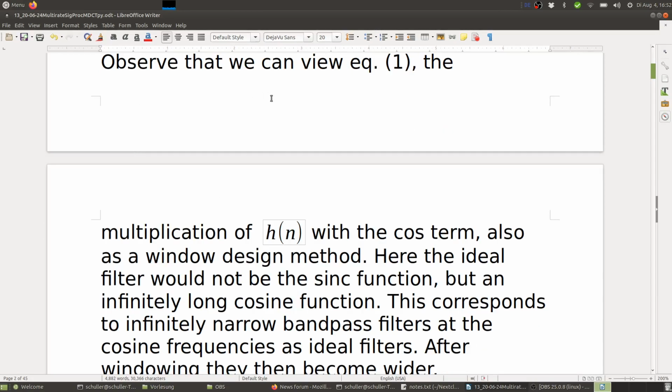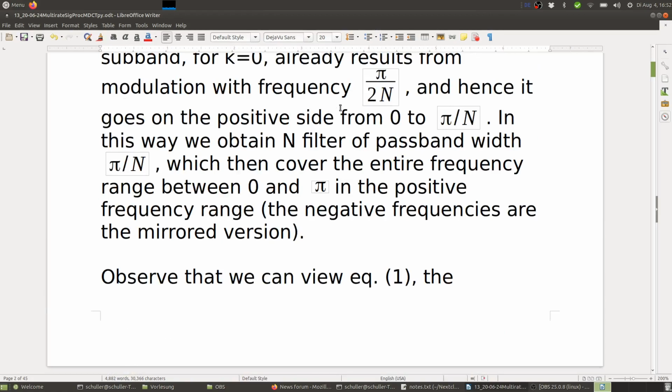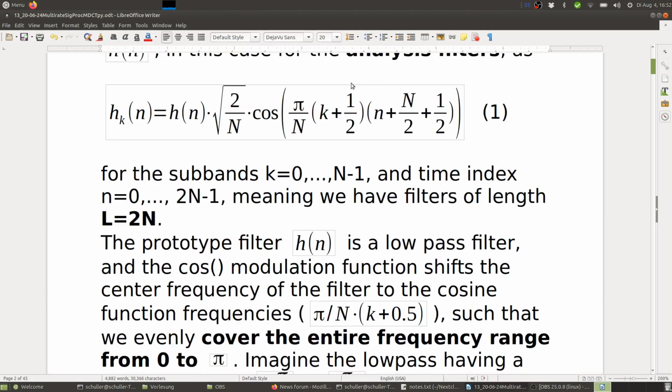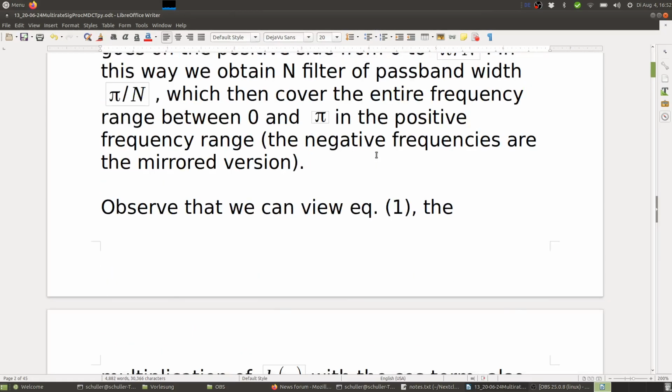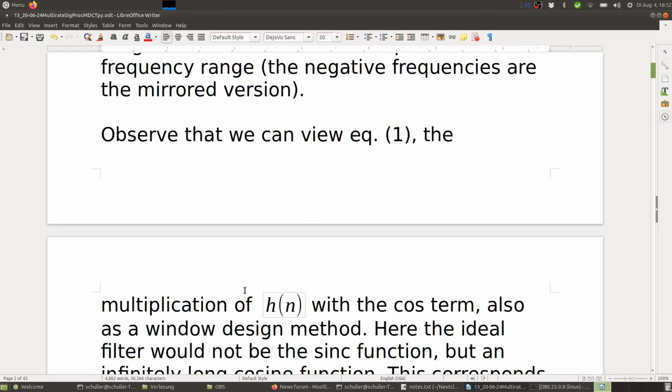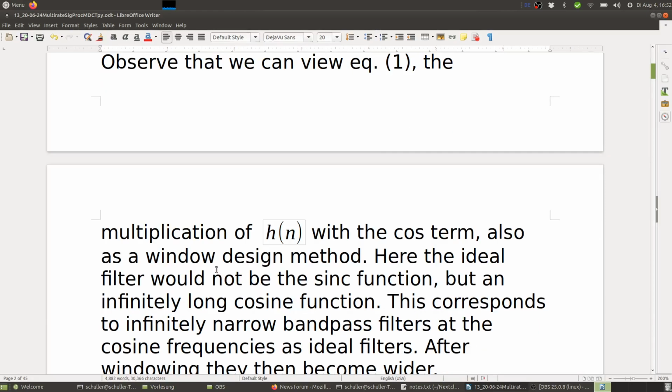Yeah, so observe that we can view equation 1, which was the definition of the MDCT impulse responses, the multiplication of h of n with the cosine term, also as a window design method, right, which we dealt with before. Here the ideal filter would not be the sinc function, but an infinitely long cosine function, which is a very narrow bandpass filter.